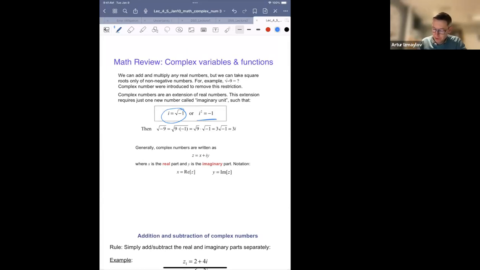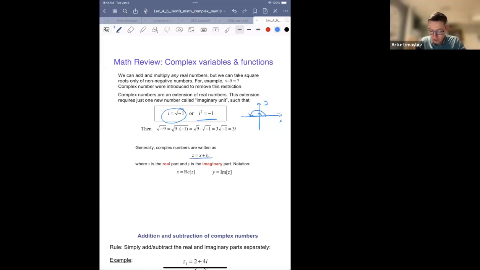Geometrically, you could think of it this way: if positive numbers are along this x-axis, and negative numbers are a rotation by pi, then the imaginary numbers are a rotation by just half pi, pi over 2, right? And if you do this rotation twice, then you naturally get to the negative. That's one way to think about the imaginary unit geometrically.